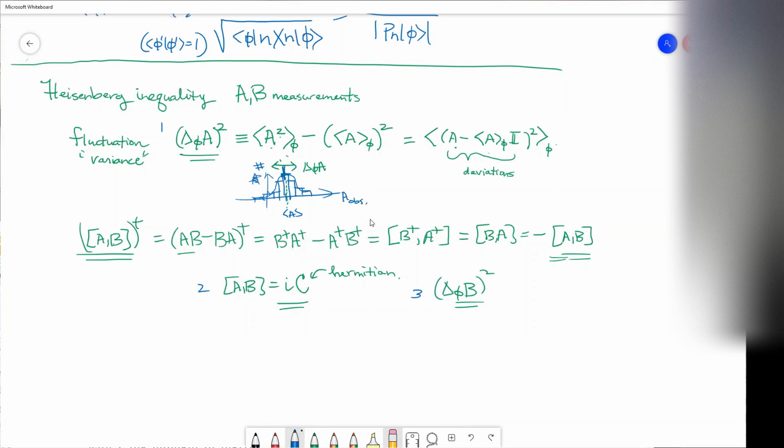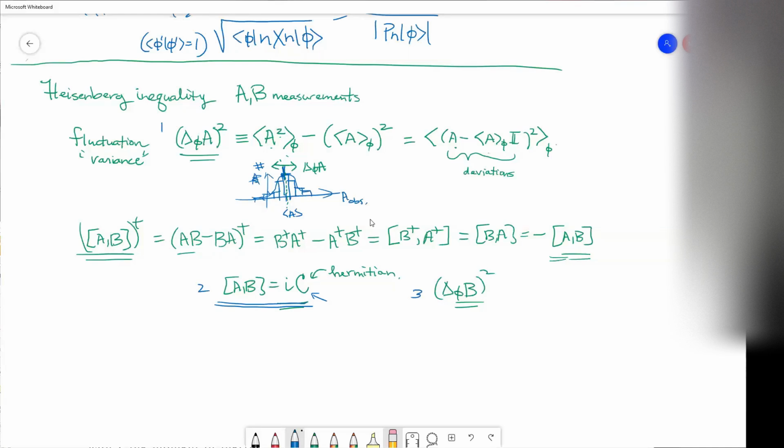Like the position and momentum uncertainty relation, all those things are just particular examples of this very general rule that comes from a combination of probability, understanding variance, and the idea that measurements correspond to operators which may not commute. You might not be able to perform the measurements simultaneously. Remember what this means: if A and B don't commute, you can't find simultaneous eigenvectors of A and B. You can't have definite measurement outcomes of both properties.